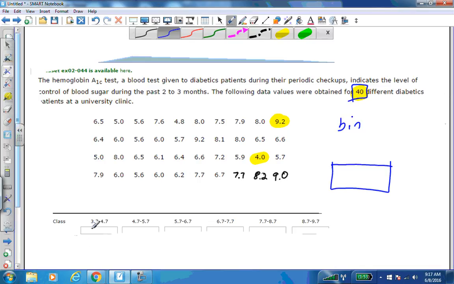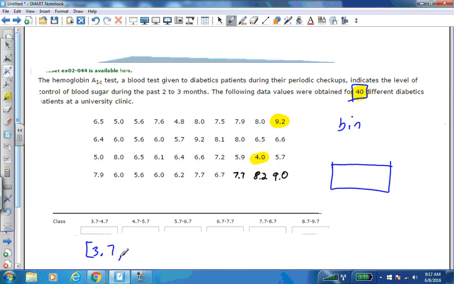So when they say 3.7 to 4.7, they mean that it includes 3.7, but it doesn't quite include 4.7. It includes everything right up against 4.7. And then the next one includes 4.7 and everything up to 5.7, but not including 5.7. And as a researcher, you have a little bit of flexibility to determine which end you include.